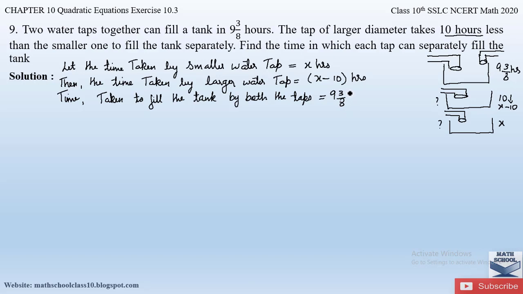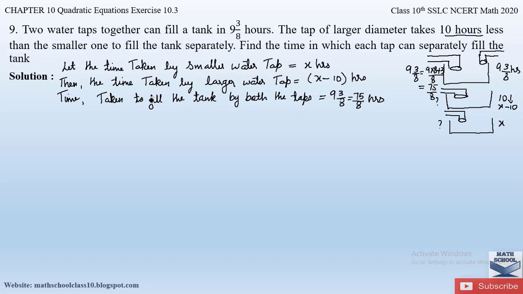How do you convert this mixed fraction into an improper fraction? Here they have given 9 3/8, so we can write 9 into 8 plus 3 divided by 8. 9 8s are 72, so 72 plus 3 will be 75 divided by 8. So this will take 75/8 hours.